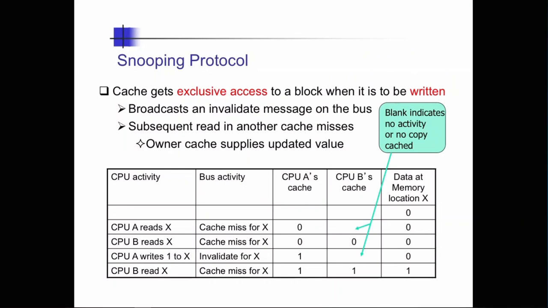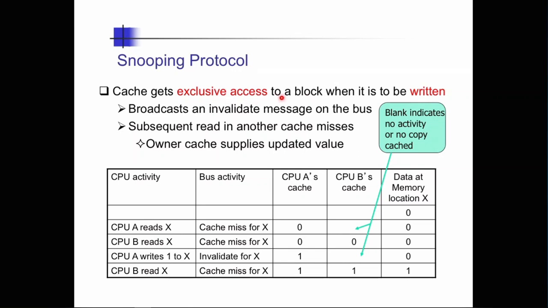So let's take a look at the snooping protocol in a little bit more detail with an example. The first point over here is that a cache gets exclusive access to a block when it is to be written. So the moment a private cache wants to write something to a memory location, it gets exclusive access to that particular block. Note, a block is a collection of words.